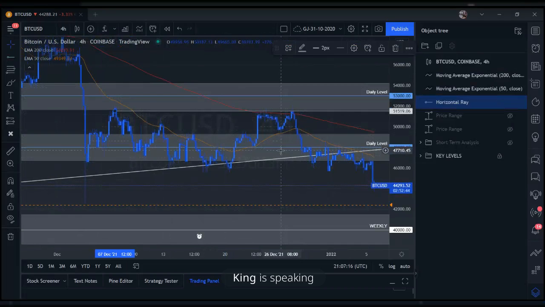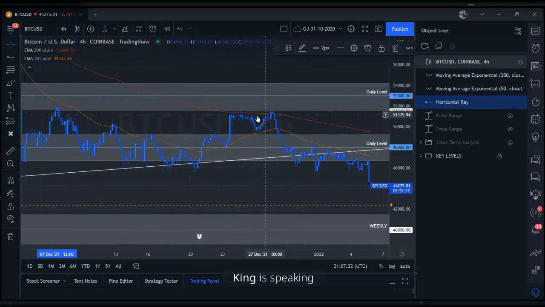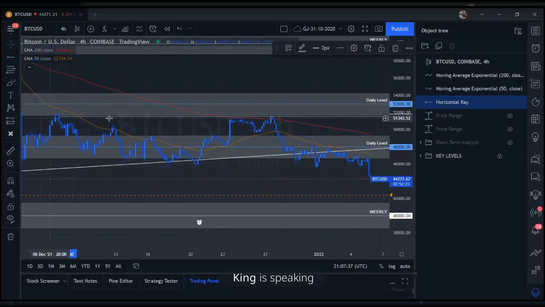If we're looking at these two daily levels, we've got this range high up here, a high in price here, and this 200 EMA. So that could be one, two, three things that are giving you a bias towards selling.